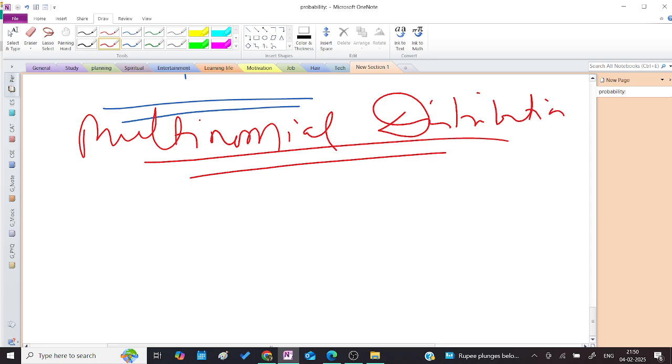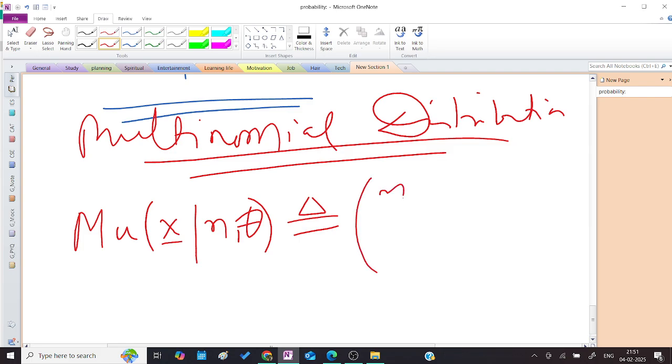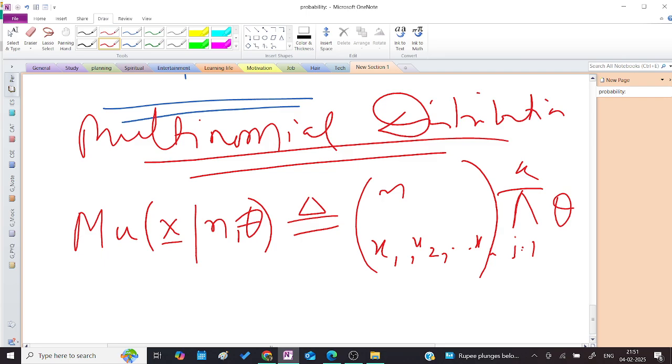Okay, so what we can do is: the multinomial of x given n and theta, where x is a vector, is given by n choose x1, x2 up to xk, and this is the product over j equals 1 to k of theta j to the power xj.